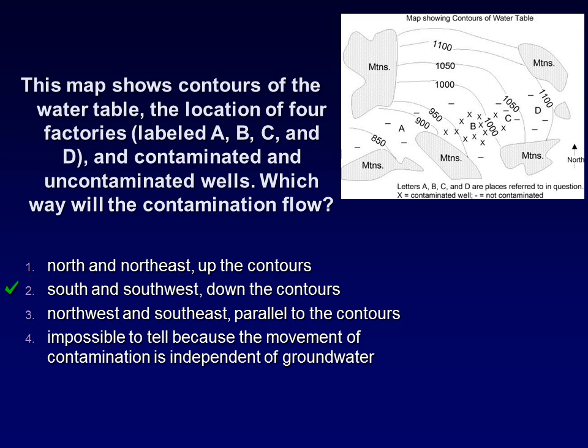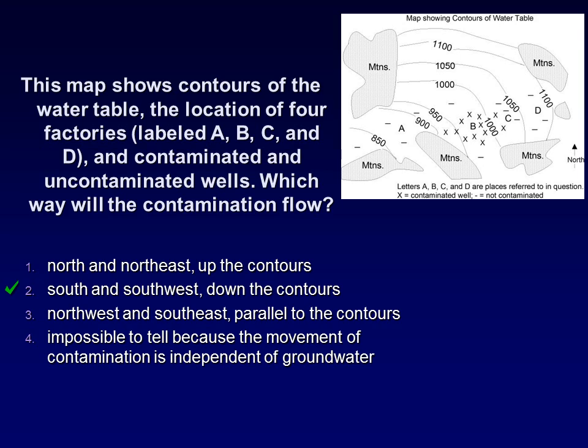Number 3, northwest and southeast parallel to the contours. Okay, if the water is moving parallel to the contours, that means instead of flowing down a hill, the water is wrapping around a hill because it's moving along the contours. And that's physically impossible as well, so we know it can't be 3.